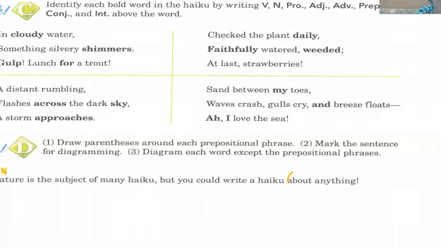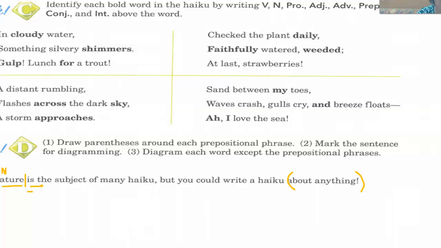So we have about anything. So now we're going to mark the sentence for diagramming. So where is the verb? The verb is is. What is? Nature is. Okay, so we have the first part of our workings.